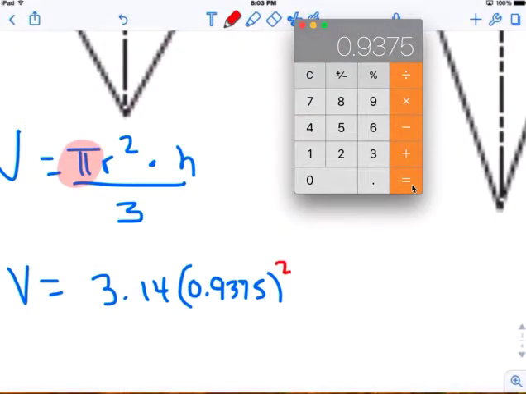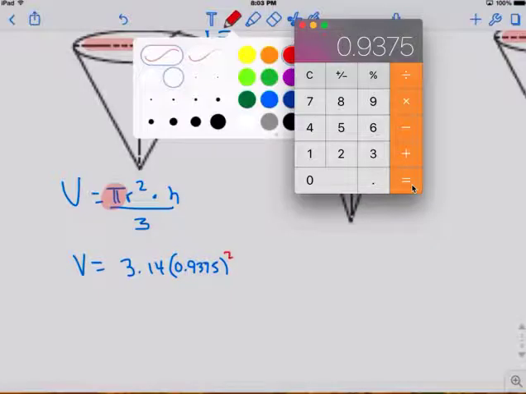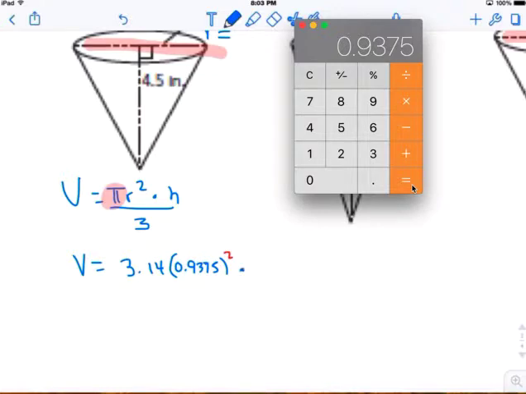Squared, times the height. The height is 4.5. Divide that by 3.